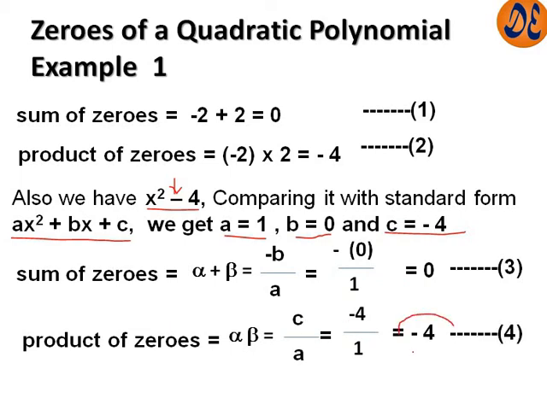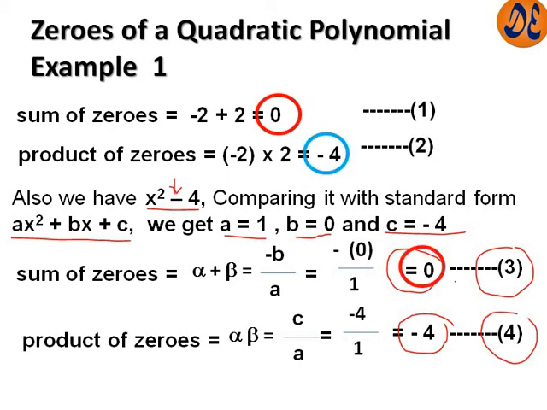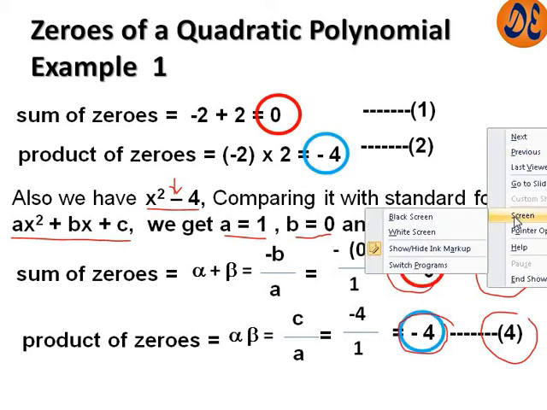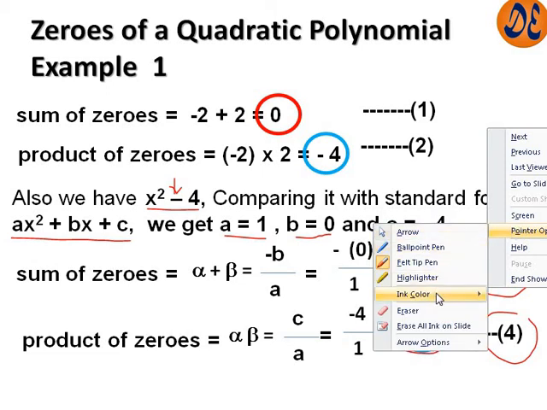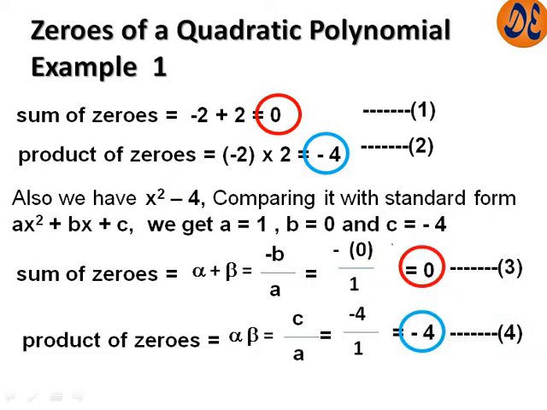So here are equation 3 and equation 4, and if we compare the equations, if we compare 1 with 3, we are getting the same thing, and the sum is 0 in both types.